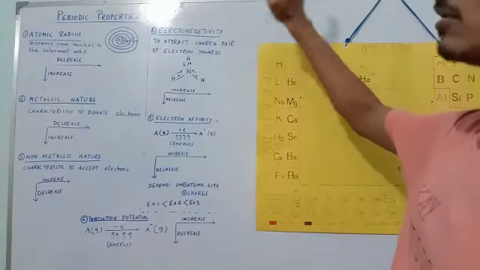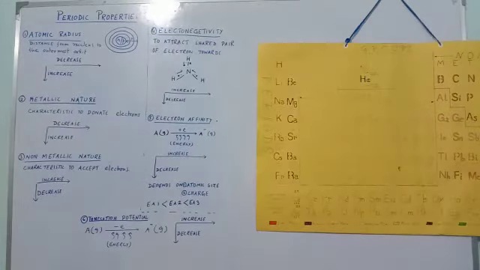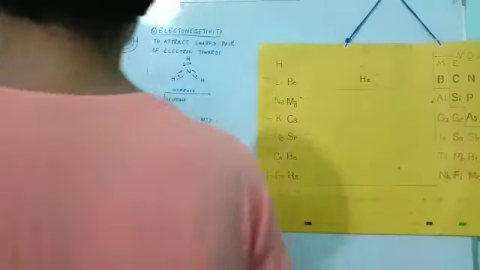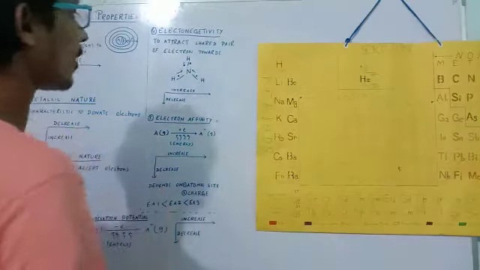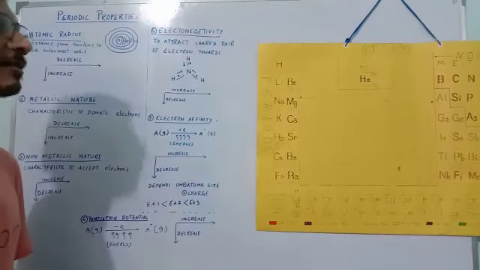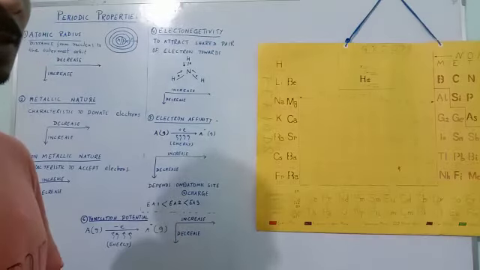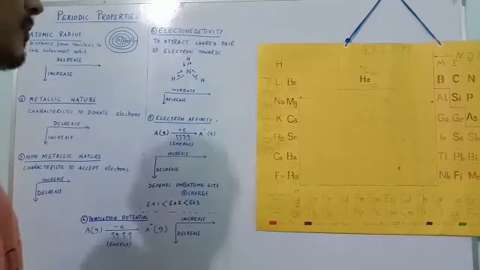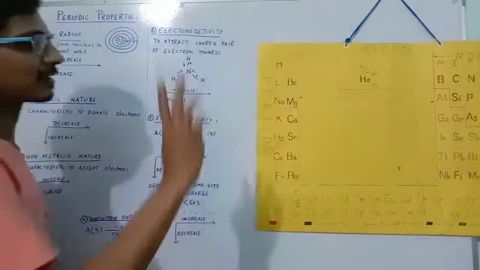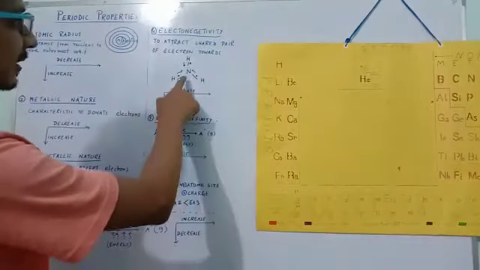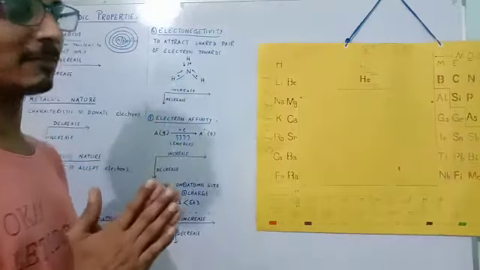Next, our fourth periodic property is electronegativity. So the word electronegativity suggests that it is the property to attract a shared pair of electrons towards the atom. If we go through the structure of ammonia, nitrogen is the central atom.